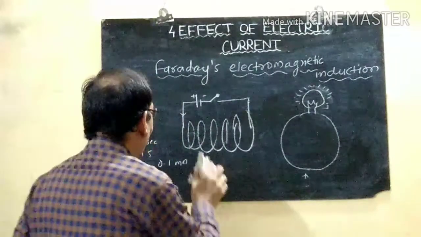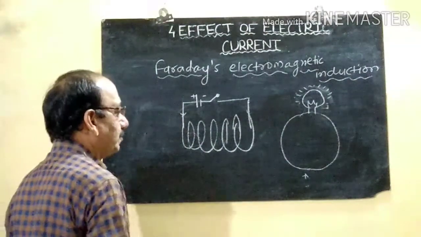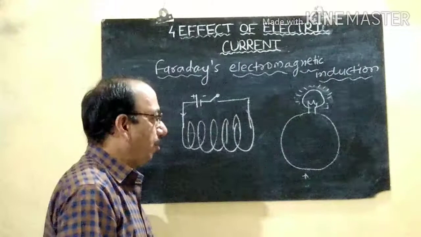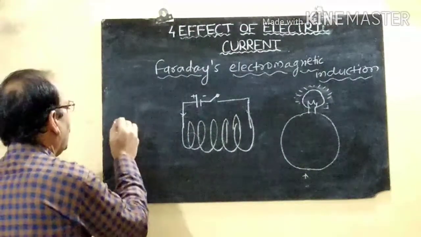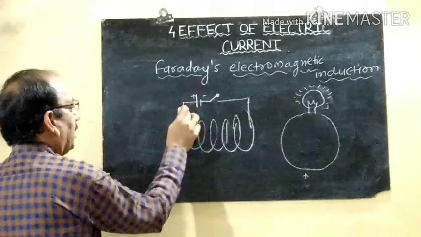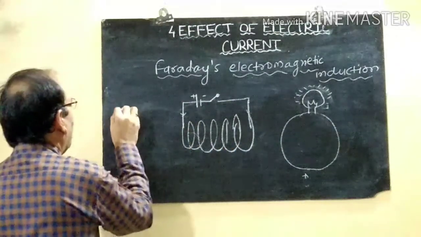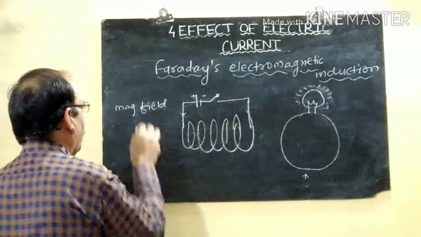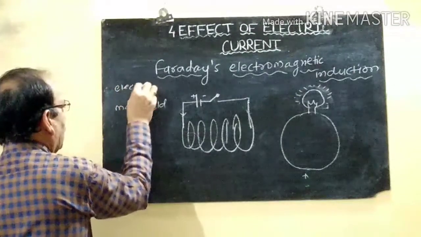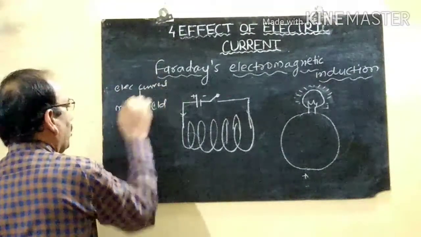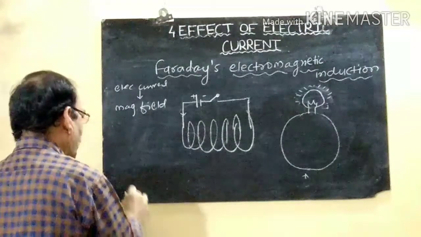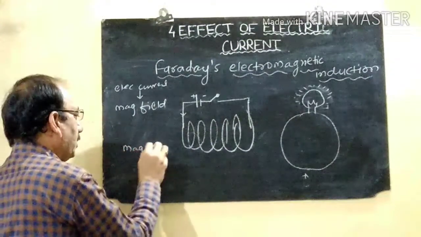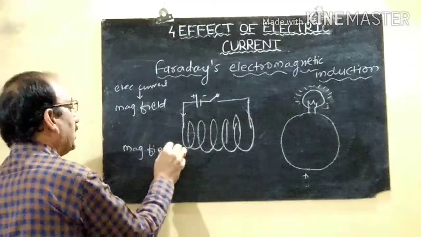Here we can conclude that a change in magnetic field causes the production of electrical current. You know that when electrical current passes through this solenoid coil, it produces a magnetic field; due to the electrical current, the magnetic field is produced. But Faraday thought: can we produce electrical current due to a magnetic field?